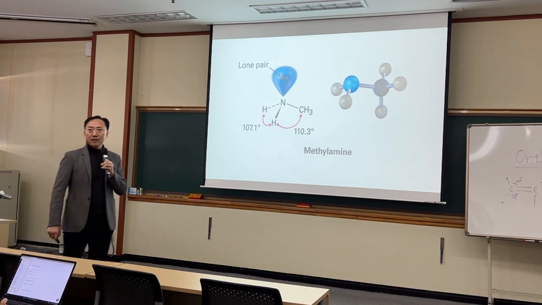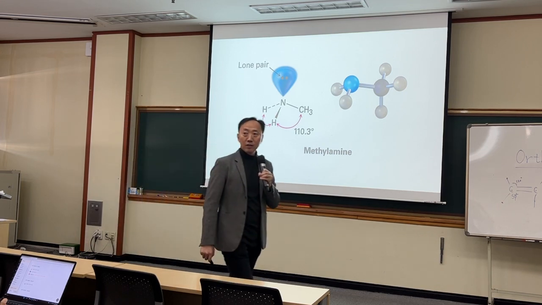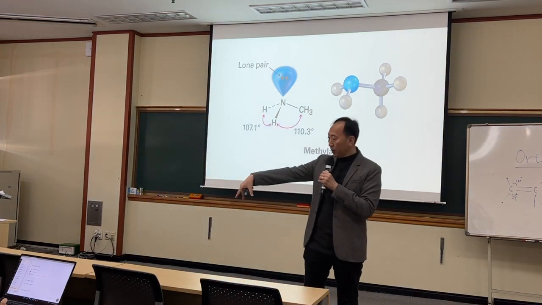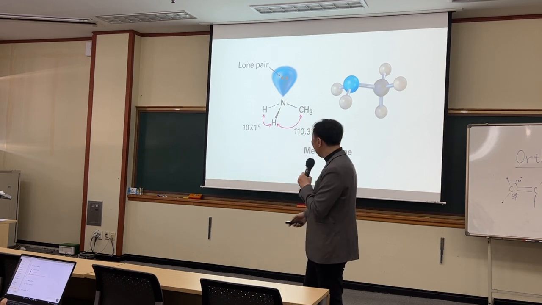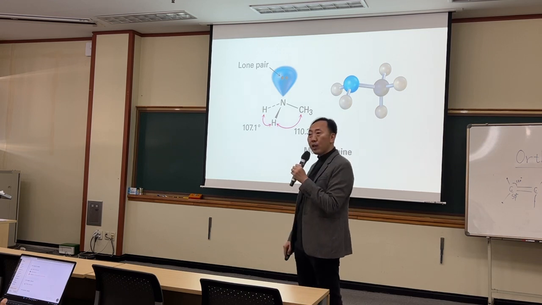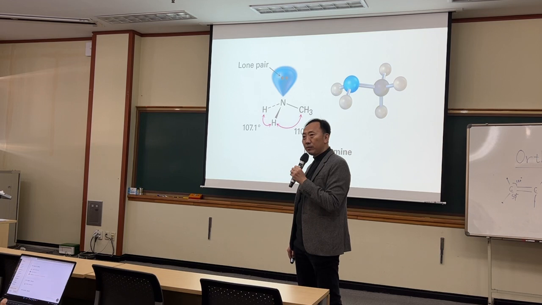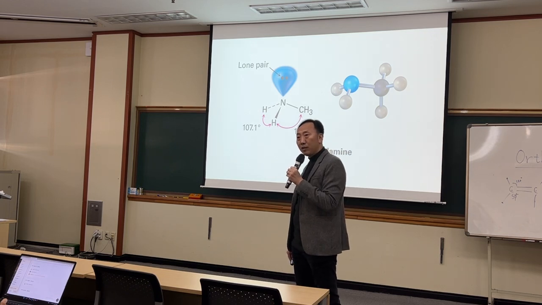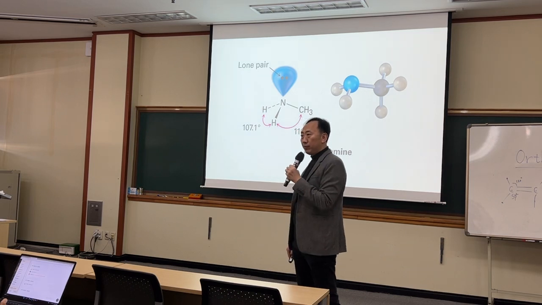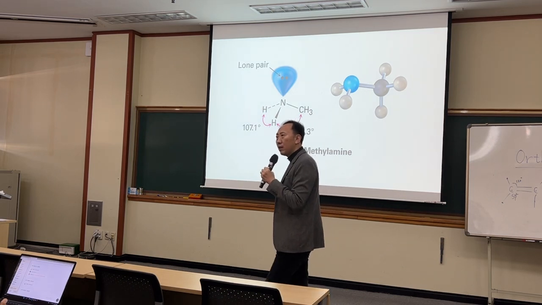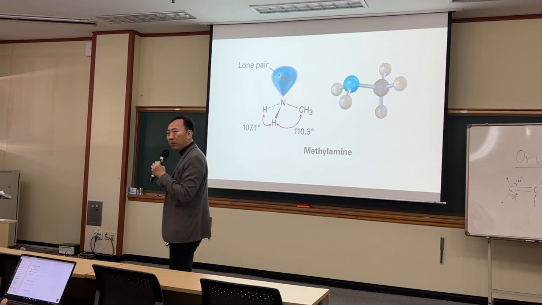Does the sum match? Originally, the symmetrical ammonia has 107 degrees, right? Now, this one is still similar to 107. This one is 110. The sum does not match. And the other angle here, this one to this one, is also 110, right? Why is the sum of the angles not the same?